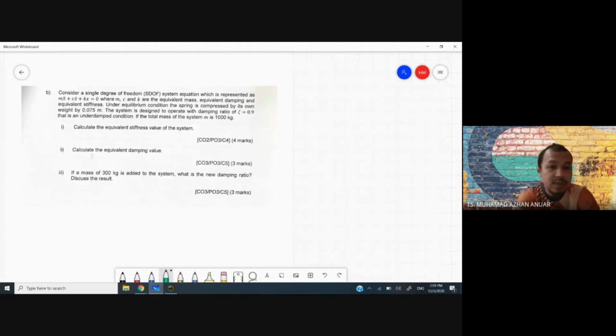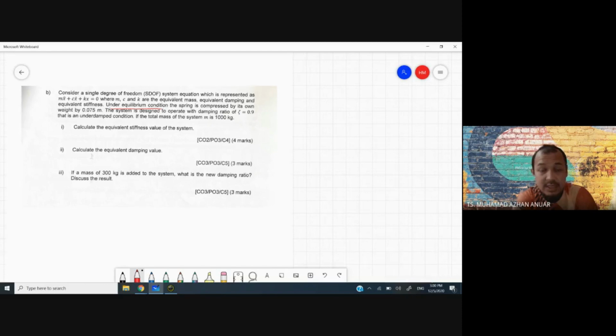So under equilibrium condition, be careful with this sentence. At equilibrium condition, the spring is compressed by its own weight by 0.075 meter. Means that there is a static equilibrium condition.